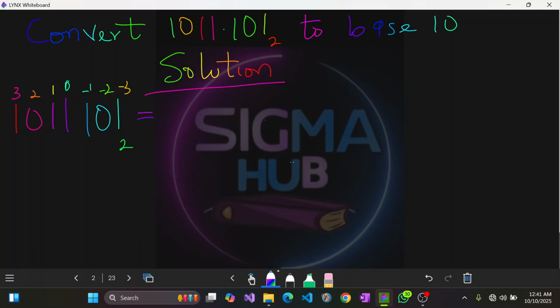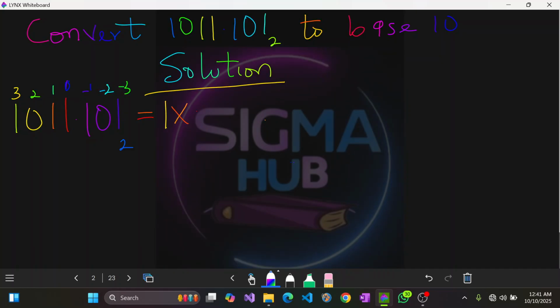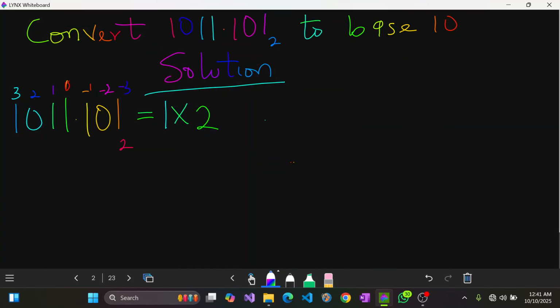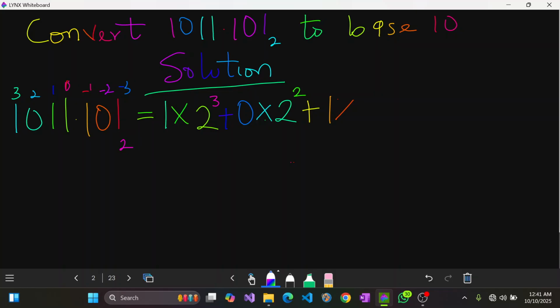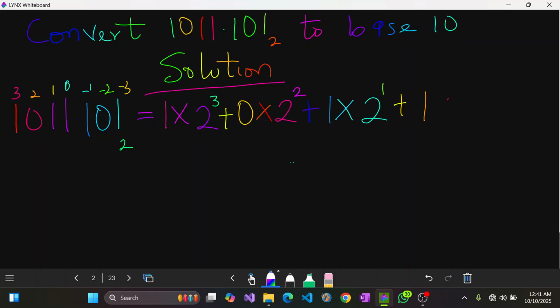So we have 1 times 2 raised to the power of 3, plus 0 times 2 raised to the power 2, plus 1 times 2 raised to the power of 1, plus 1 again times 2 raised to the power of 0.